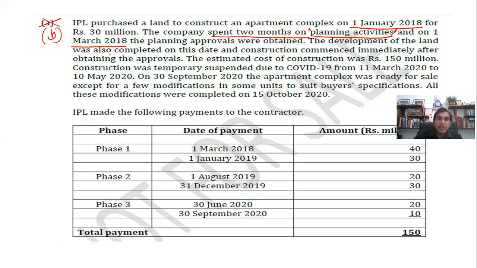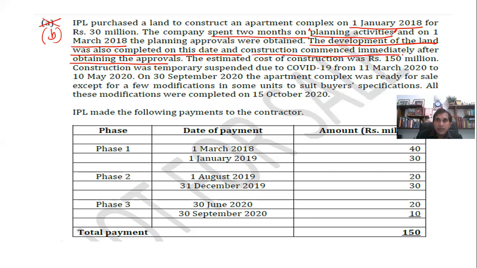Development of the land was also completed. Here, for the development of the land, there were some works going on from 1st of January 2018 to 1st of March 2018. The planning as well as the development of the land was also completed by this date, and construction commenced immediately after obtaining the approvals.